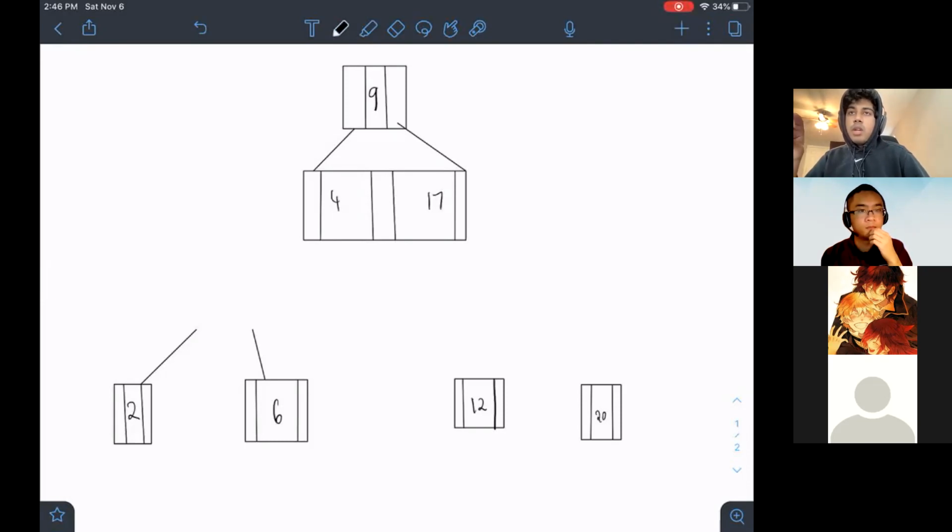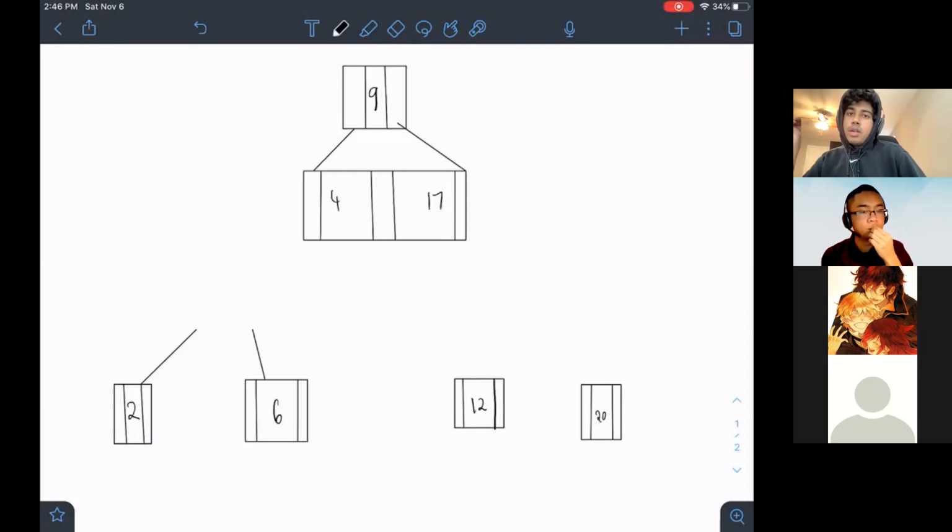That part is fine. And then the left of 17 is 12, the right of 17 is 20, and the left of 9 is 2 and 4. And then we add 6. Yeah, we added 6, so originally that would be this right here. So I can do it like this. So we have 6 on the dock. And then because of that, 4 goes above.